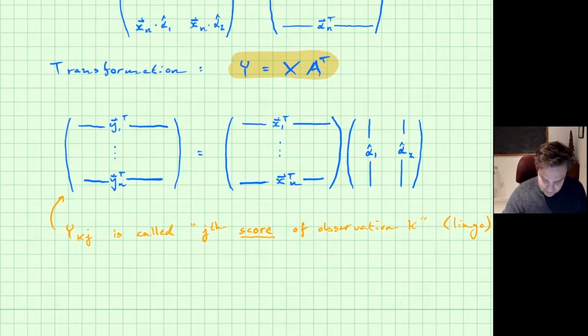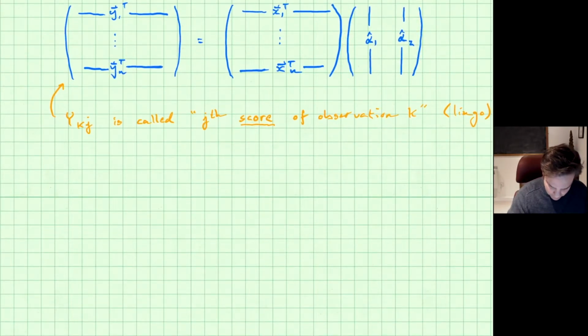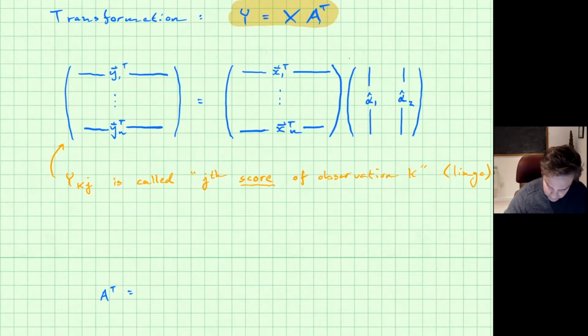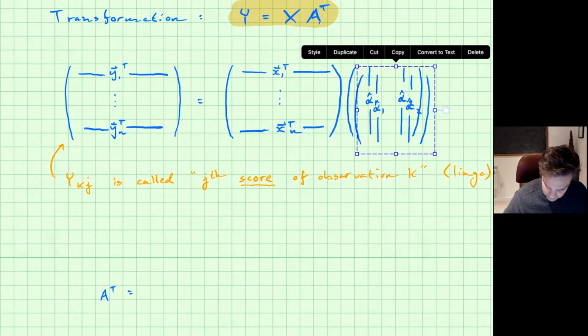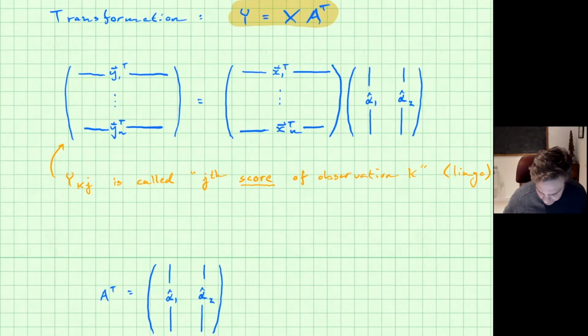So if this matrix here is A transpose, we should be able to write out what A is. I hope you can see that relatively quickly. Then the matrix A has the alpha vectors as rows.